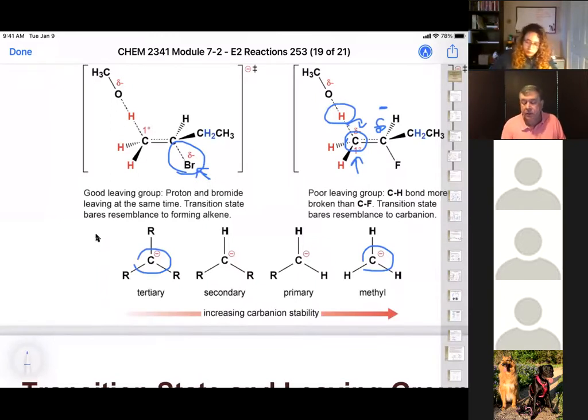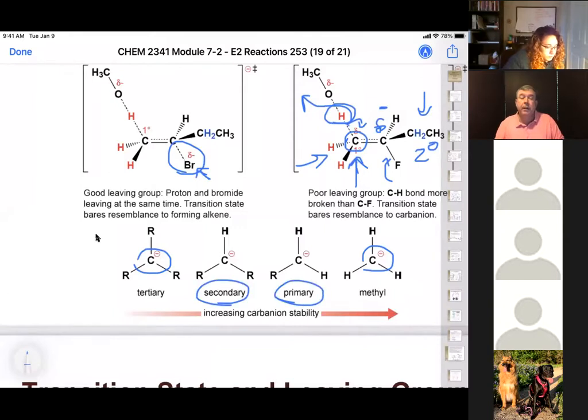So in this configuration, we are having to pull the hydrogen off more, create a little bit of carbanion character, negative charge on carbon, before this bond will even start to break. And that's why the fluorine prefers to have our primary hydrogens removed instead of our secondary hydrogens. If we tried to pull the hydrogen off of the secondary carbon, we'd have a secondary carbanion starting to form. Our secondary carbanion is less stable than our primary carbanion, and therefore it's less favored electronically.